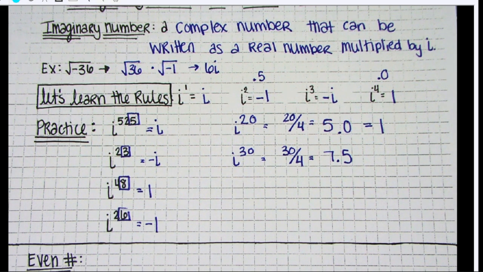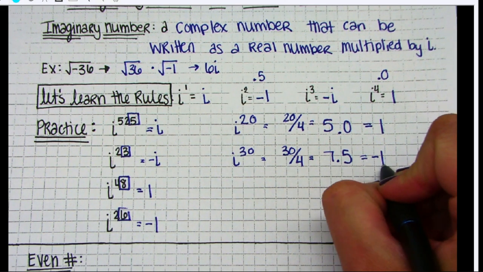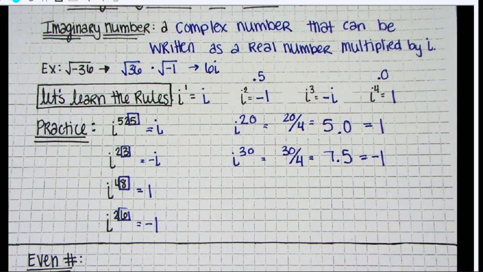All the other ones, you can just count. Also, your calculator should tell you how to do this, as long as it's in the correct mode. Do we need to try a couple more of those with zeros? Anybody need another example of those?